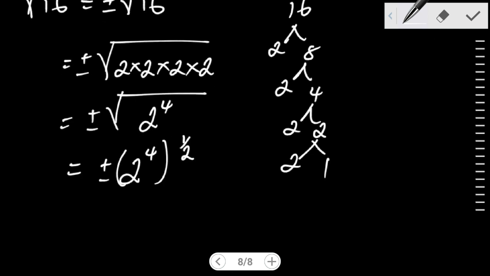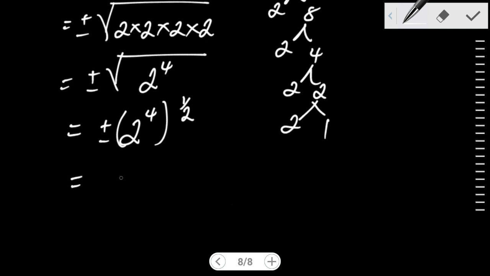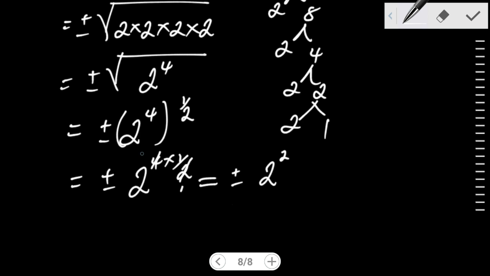And therefore, this would be equals to positive or minus 2 to the power 4 times 1 out of 2. And therefore, this would be equals to positive or minus 2 to the power 2, because this is 1, this is 2. Therefore, this would be positive or minus 4 in this case, because this would be equals to 2 times 2, giving me a 4.